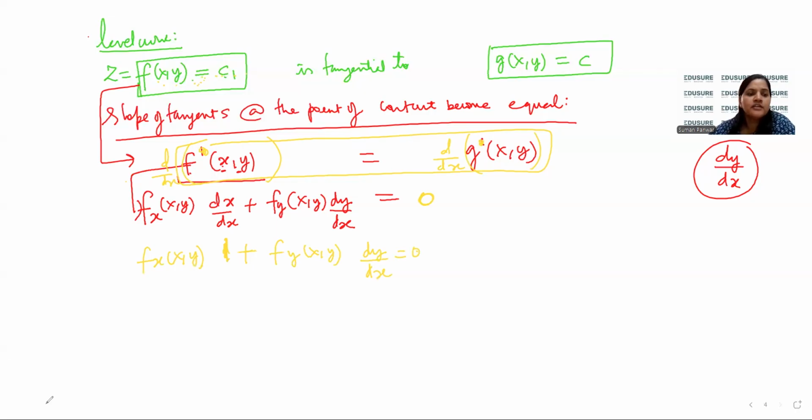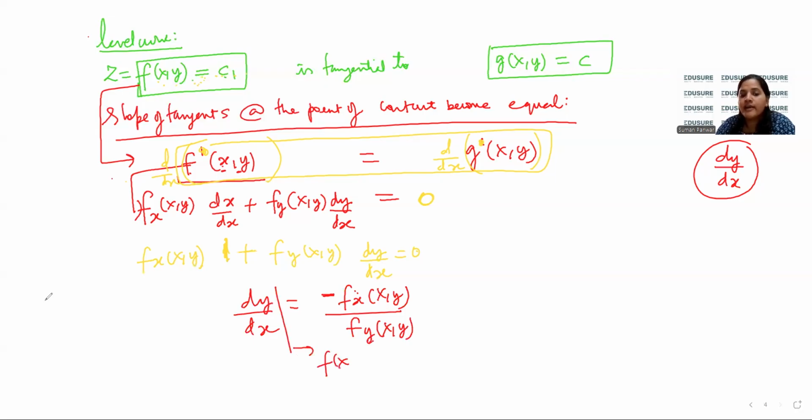So from here, the slope dy by dx of our given function is coming out to be minus fx divided by fy of (x, y). fx is the partial derivative of f with respect to x, and fy is the partial derivative of f with respect to y. This is for my function f(x, y).